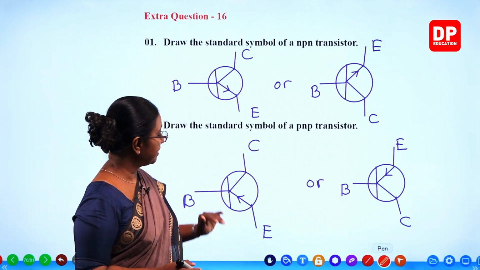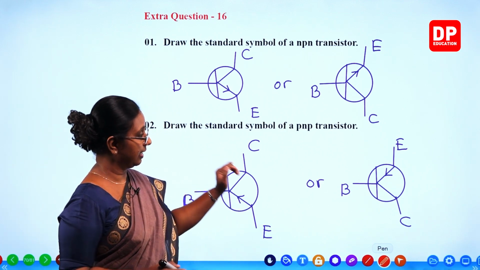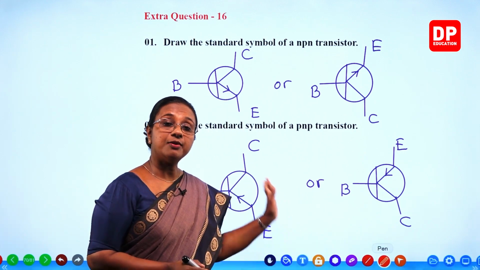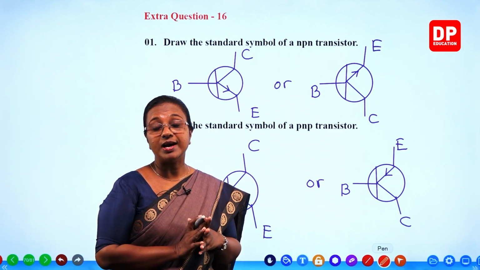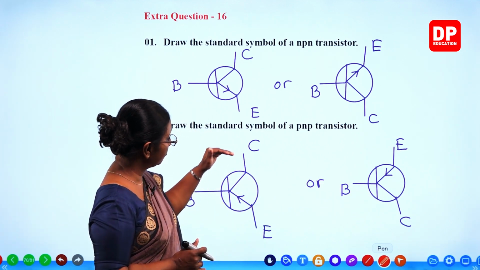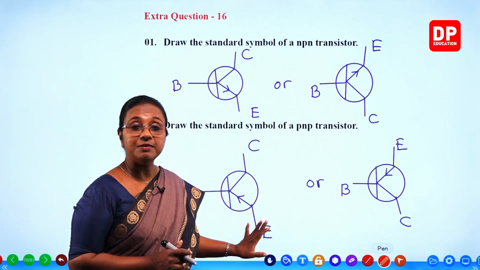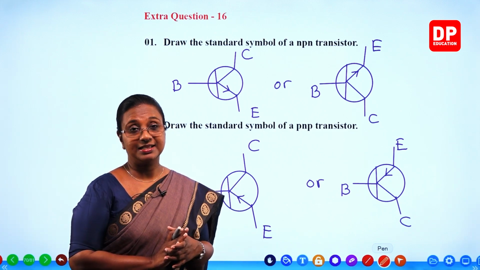Whereas in a PNP transistor, current flows from emitter and base to collector, so the arrowhead points inwards. That is how you have to identify the symbol. It doesn't matter whether you have the collector up or the emitter up, it's always the emitter that has the arrowhead. You all have to remember that.